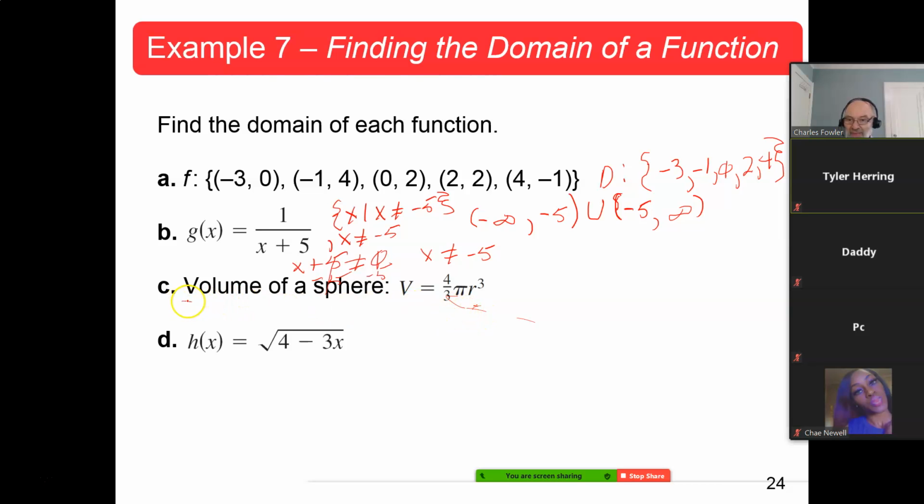But they told you what this was, the volume of a sphere. Now, everybody knows what a sphere is, right? A ball, a basketball, a tennis ball, ping pong ball, a ball, a spherical shape. The Earth's a sort of spherical shape, okay? Now, are there any limitations on what the radius of that sphere could be?